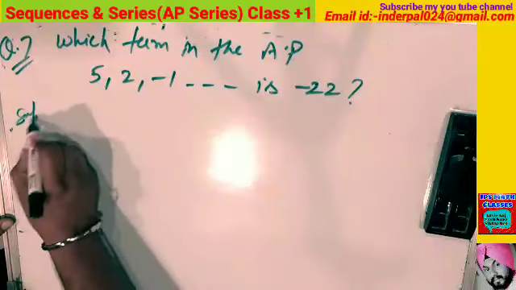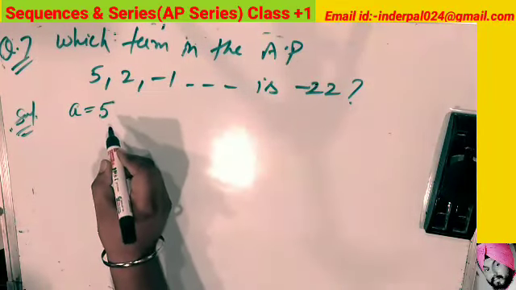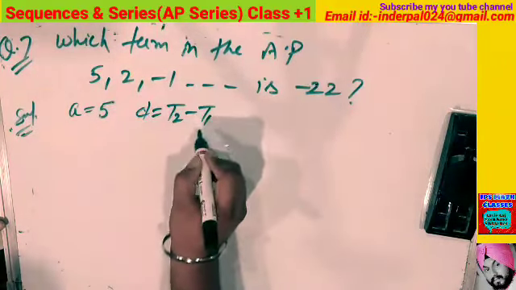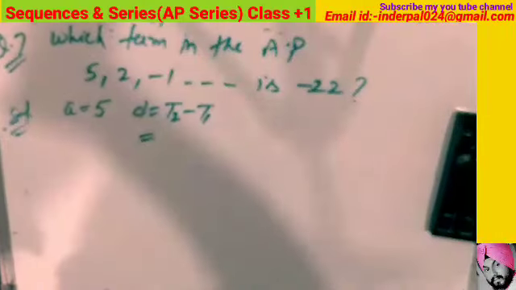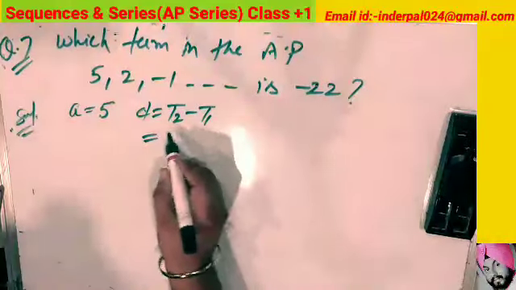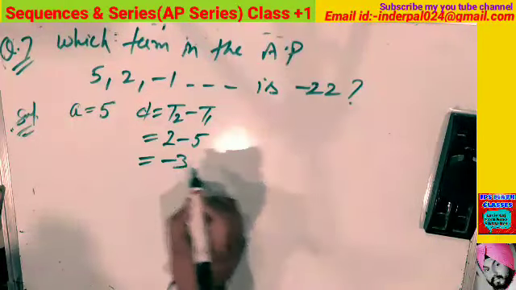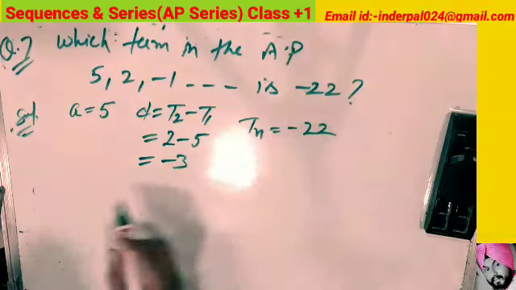Same question. a is equal to 5. d will be t2 minus t1, 2 minus 5, which is equal to minus 3. tn is equal to minus 22.